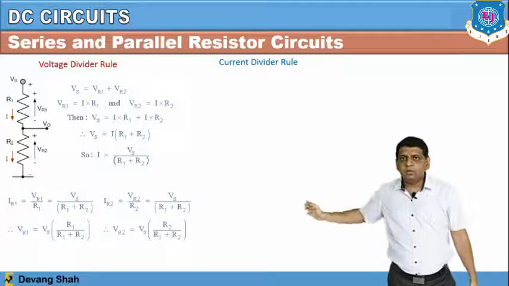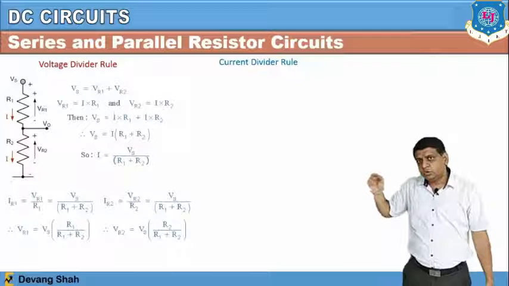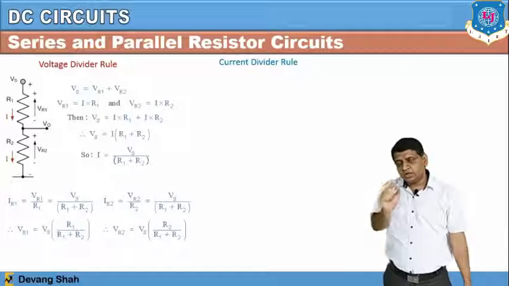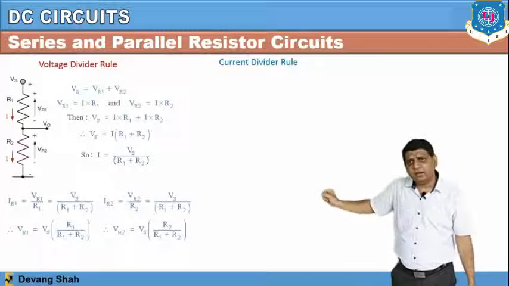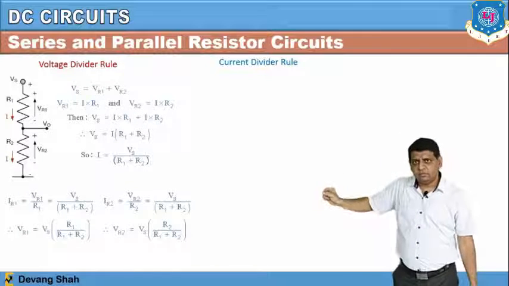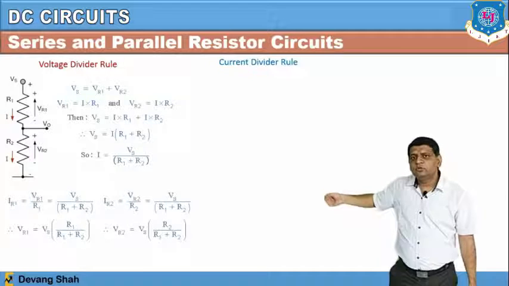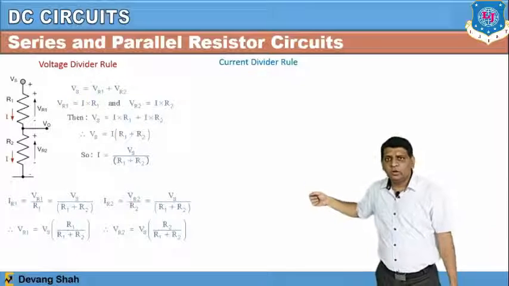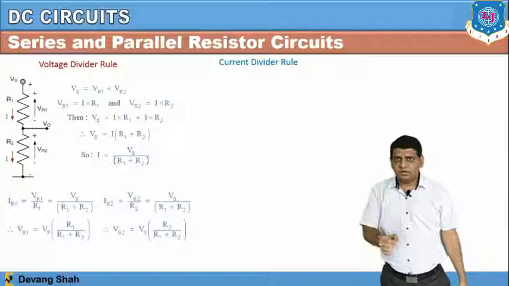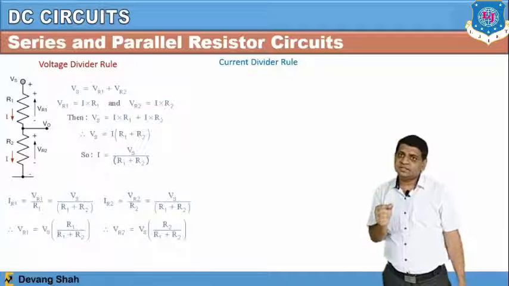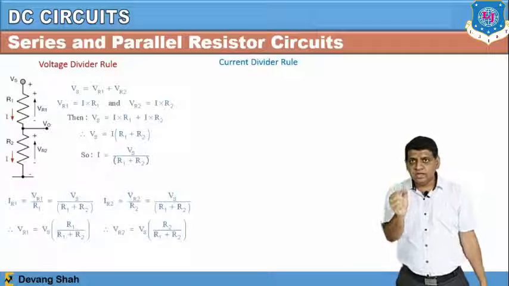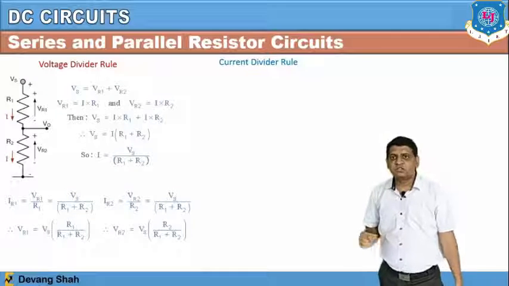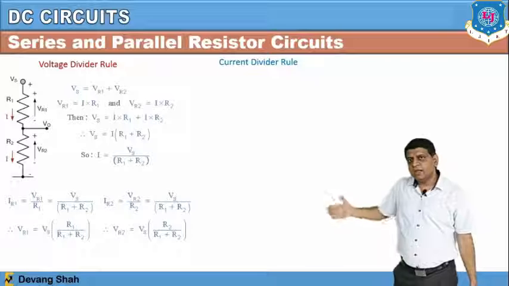So VR1, the voltage drop across R1, you apply Ohm's law. VR1 is nothing but I into R1. Now since the value of current I is the same, I is equal to the total applied voltage V divided by the total resistance of these two series resistances, so V by R1 plus R2.